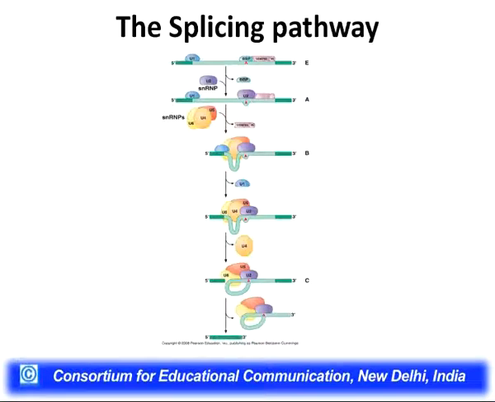Once this complex comes into place, U1 moves out from the 5' splicing site, and in its place comes U6. As I showed you, there is a specific sequence of mRNA which binds both U1 and U6. So, at one time only U1 or U6 can be bound to that particular location. So, U6 comes and binds here.